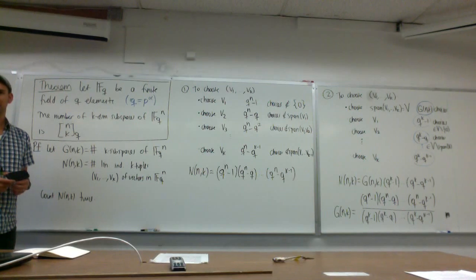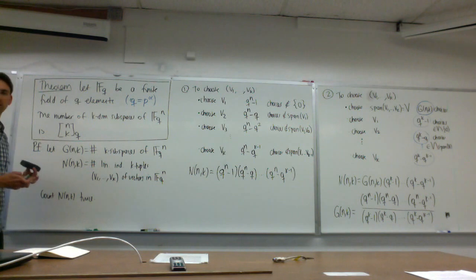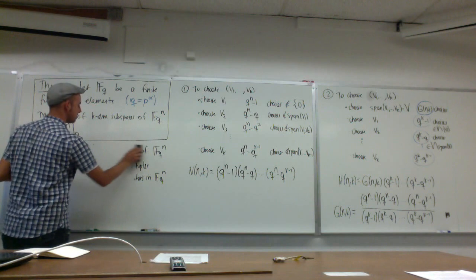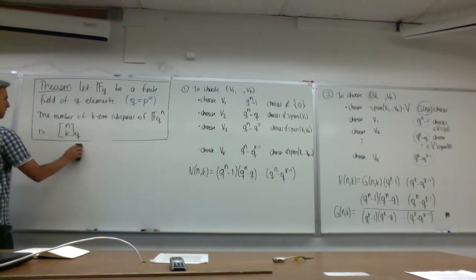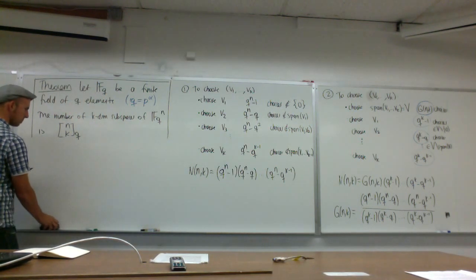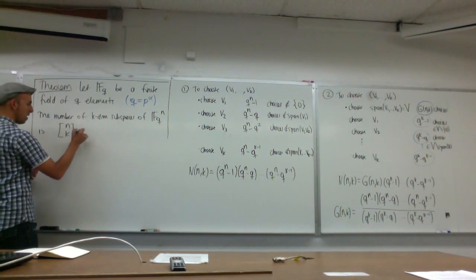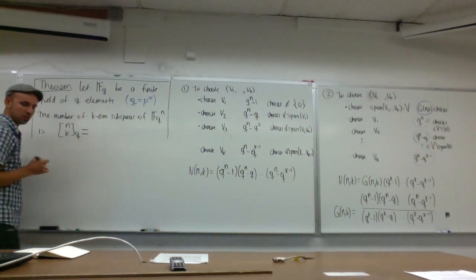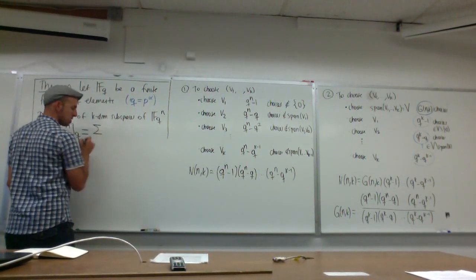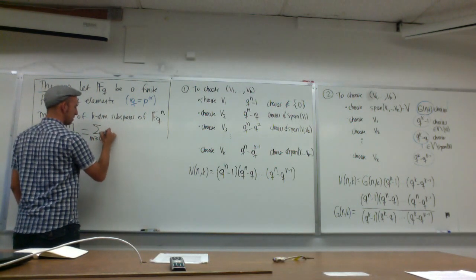And by doing that, I'm going to give another formula for the q-analog of n choose k. So we already proved this statement, but now I'm going to show that this number is also given by the following thing. So I'm going to just write it down, and then I'll explain exactly what this means.